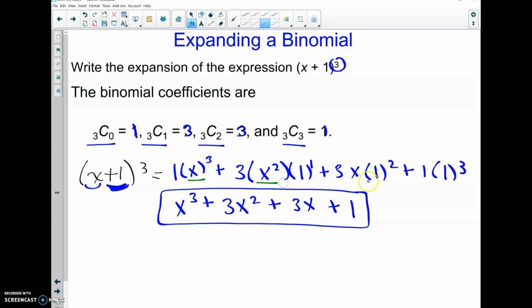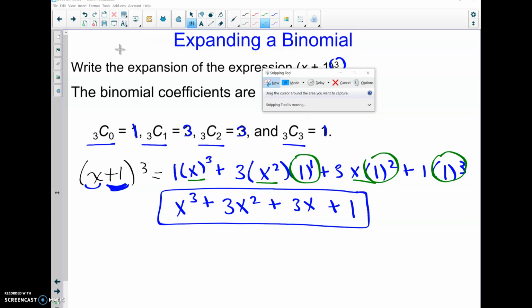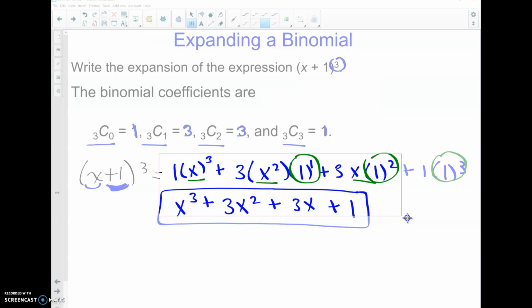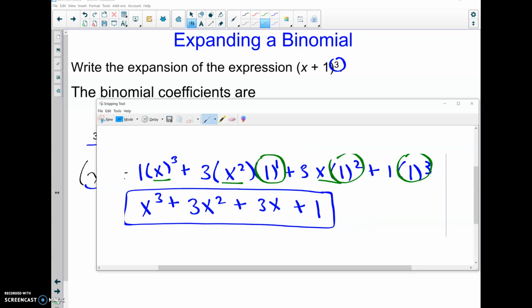Our powers of x still stay the same. But instead of this 1 here, it's a negative 1. So we would have negative 1 to the first, negative 1 squared, and negative 1 cubed. Those are going to change a little bit. So let's copy this over.